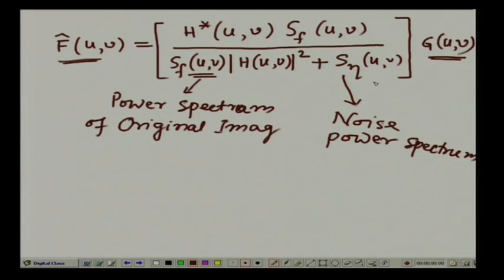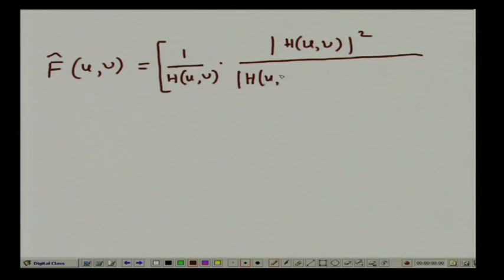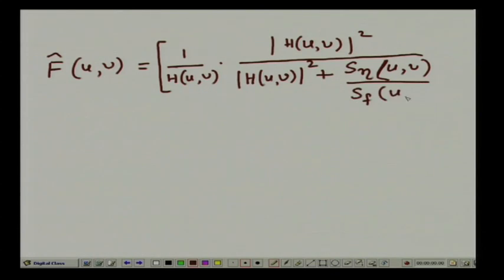Now, if I simplify this particular expression, I get an expression of this form, that f hat u v is equal to 1 upon h u v into h u v square upon h u v square plus S eta u v upon S f u v into g u v.